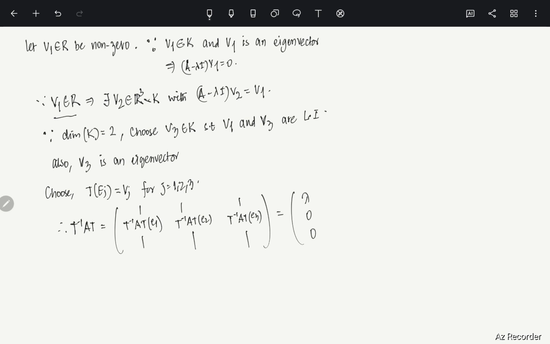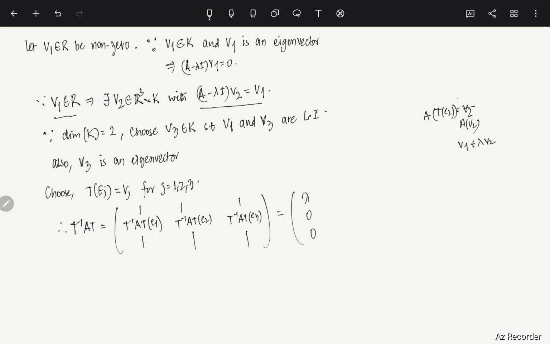Again, T of E2 is V2. Now A of T E2 means A of V2. What is A of V2? A of V2 is nothing but V1 plus lambda V2.